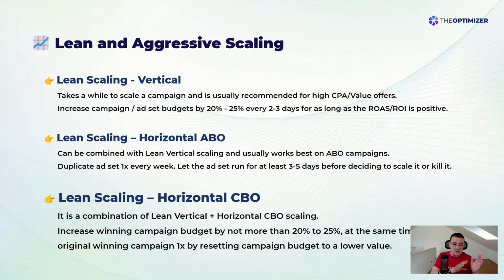Then you do lean scaling with CBO. That implies that you have to start learning from scratch, so for the campaign level, try to increase the budget of the original campaign, but not more than 25%, and generally stay in the 20% range.